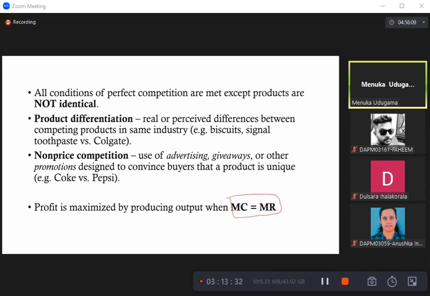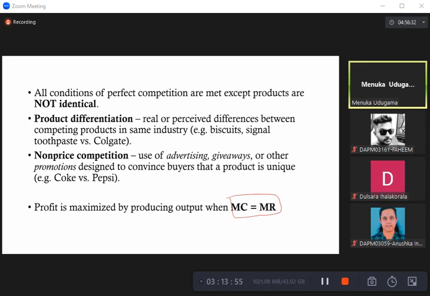They are differentiated, right? For example, if you take the biscuit industry, there are so many types of biscuits, isn't it? So it's substitutable. If one raises the price, buyers can easily move to another. Biscuits, toothpaste, jams, cordials. So there are lots of producers, lots of sellers in the market, and they are differentiated.